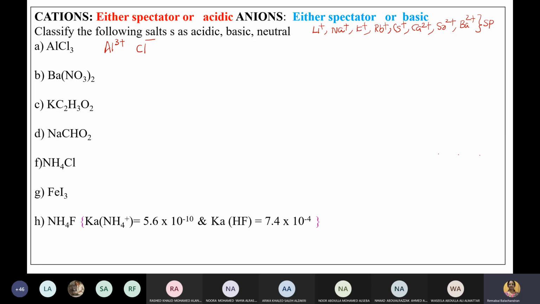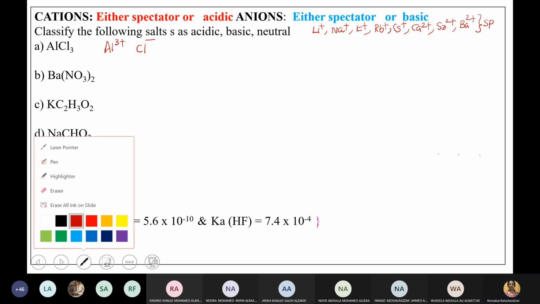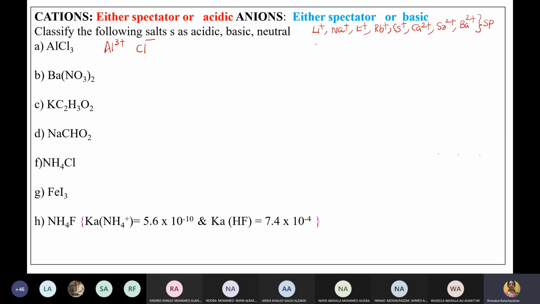What about the spectator anions? Cl⁻, Br⁻, I⁻, NO3⁻, ClO4⁻. Then anything else? SO4²⁻ is also a spectator.